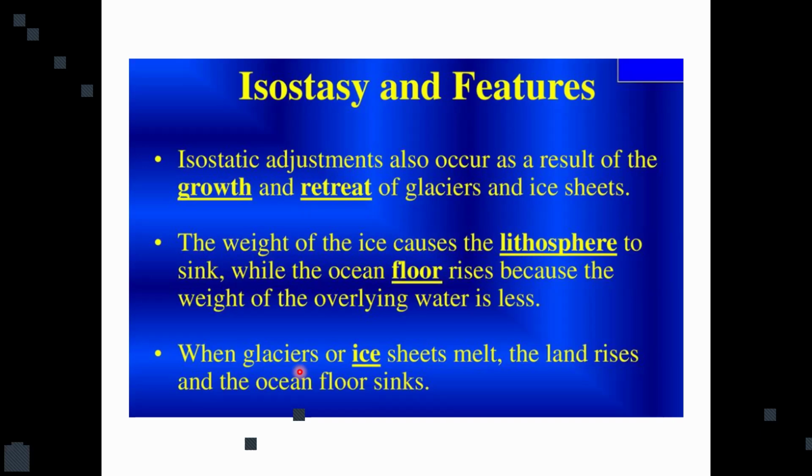Then it can cause that area to rebound, since you have relieved it of the weight or load, and the area can rise. The weight of the ice causes the lithosphere to sink, while the ocean floor rises because the weight of the overlying water is less. When a glacier or ice sheet melts, the land rises and the ocean floor sinks.